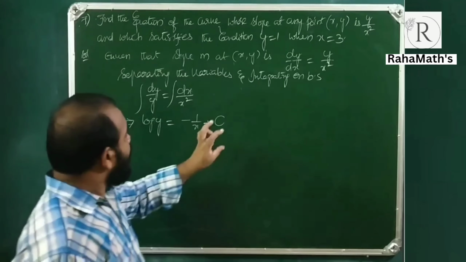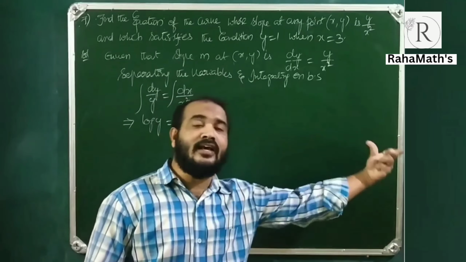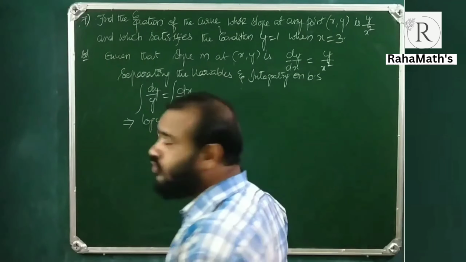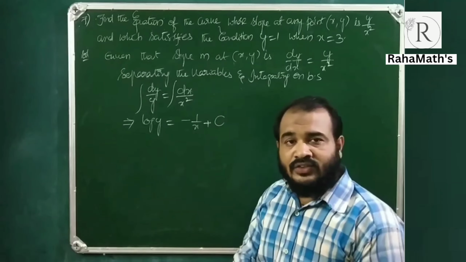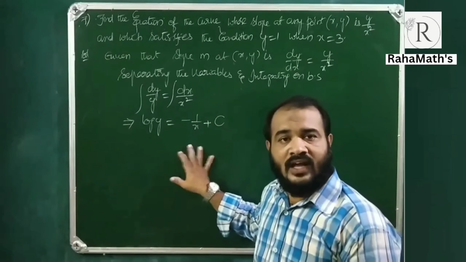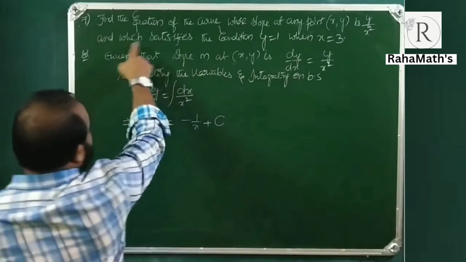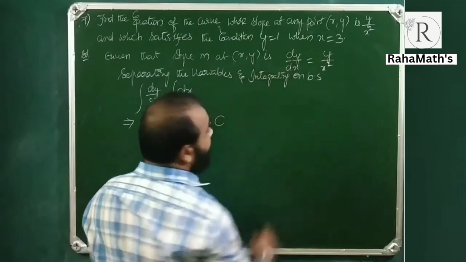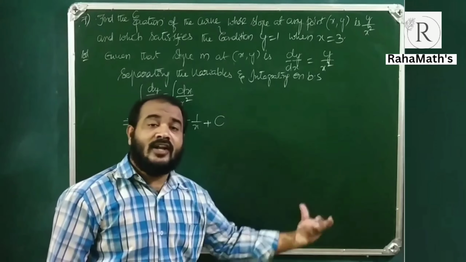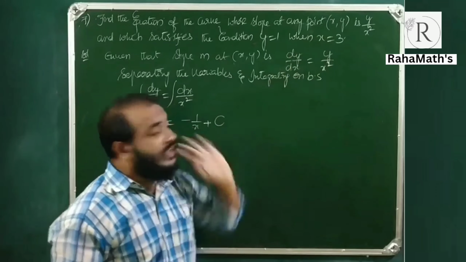But the thing which discriminates this particular problem with the earlier problems is, as far as the last problems were concerned, we were asked to find the general solution. But here it is further asked, which satisfy the condition y equals to 1 when x equals to 3. So, we want not a general solution but a particular solution at the particular values x equals to 3 and y equals to 1.